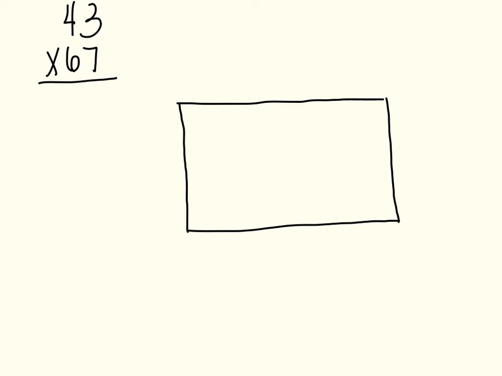Well, the first thing I want you to notice is that 43 can be written as 40 plus 3. That's 4 tens and 3 ones. 67 is 6 tens and 7 ones. So I'm going to use my rectangle here to represent those as well.